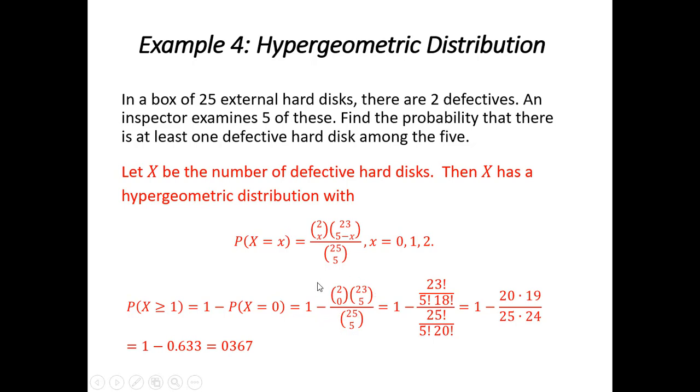We get 1 minus this expression. If we expand this out using factorials, cancel out like terms, this works out to be 1 minus 0.633. So that gives us here 0.367.